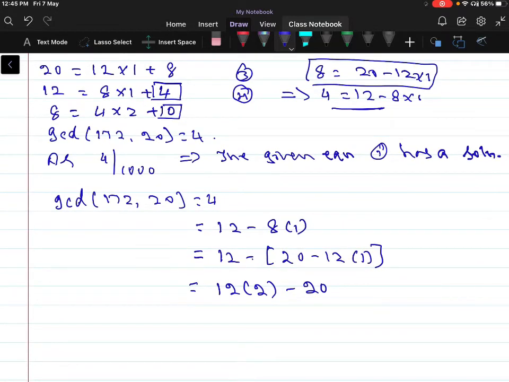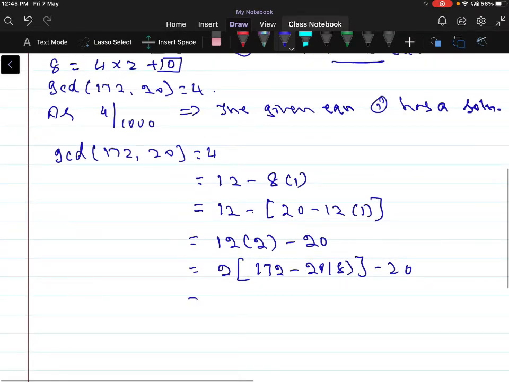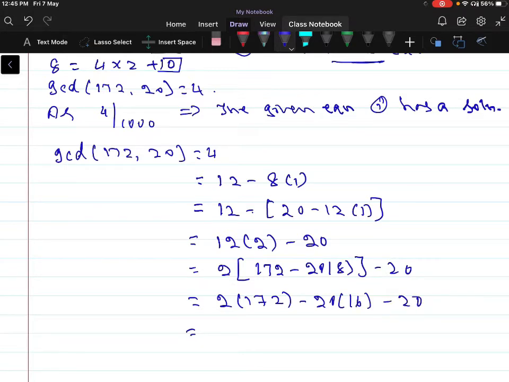So this is equal to 2 times 172 minus 20 into 8, minus 20. So this is equal to 2 into 172 minus 20 into 16 minus 20. So this is equal to 172 into 2 minus 16 times 20 and 1 times 20.